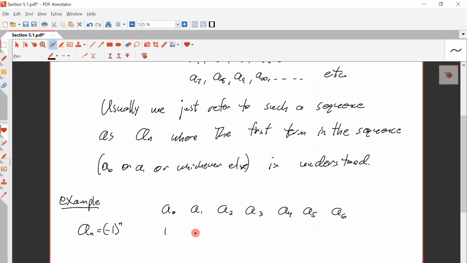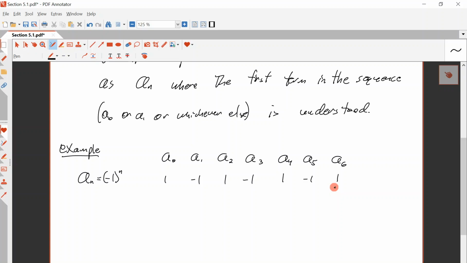Minus 1 to the 1 is minus 1. Minus 1 to the 2 is 1. Minus 1 to the 3, minus 1. And so on and so forth like that. So plus 1, minus 1, plus 1, minus 1: plus 1 for even values of n, minus 1 for odd values of n.